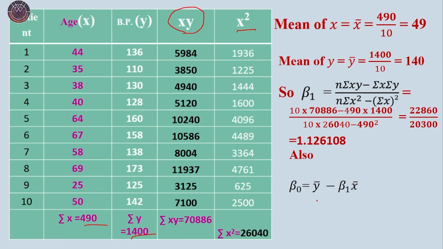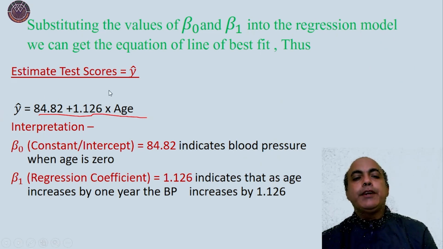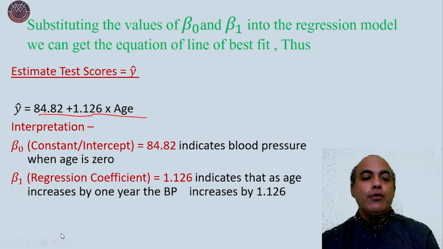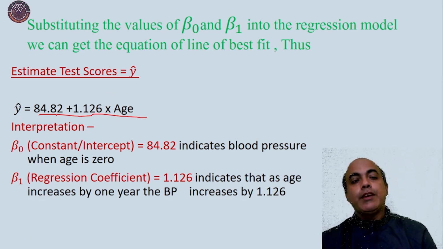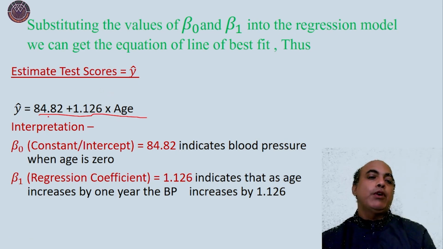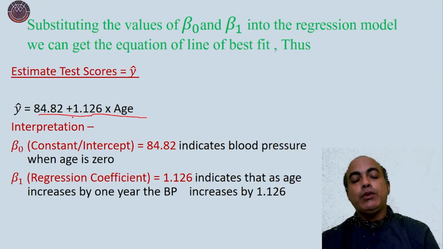Similarly, to get beta 0 we substitute in this equation, y bar minus beta 1 times x bar, and we get beta 0 as 84.82. So we have got the estimated regression equation: y cap equal to 84.82, which is beta 0, plus 1.126, which is beta 1, multiplied by age.